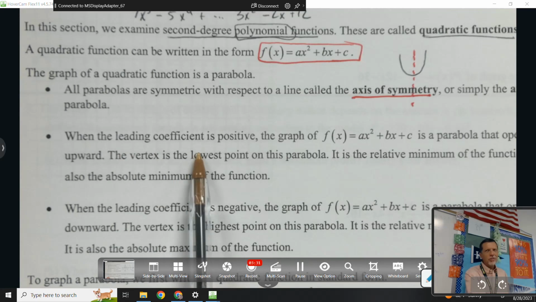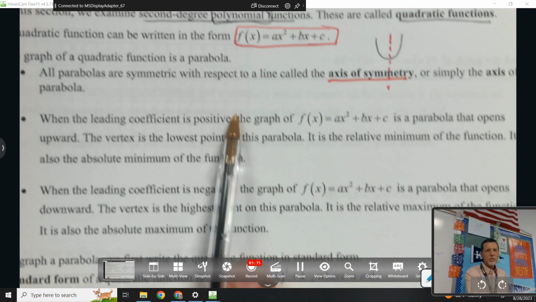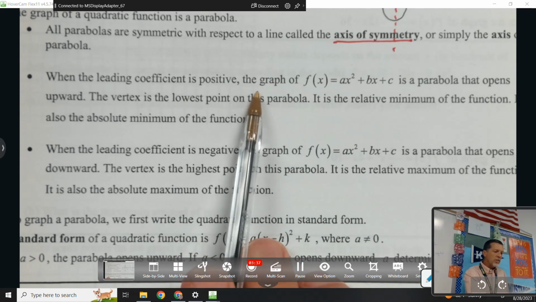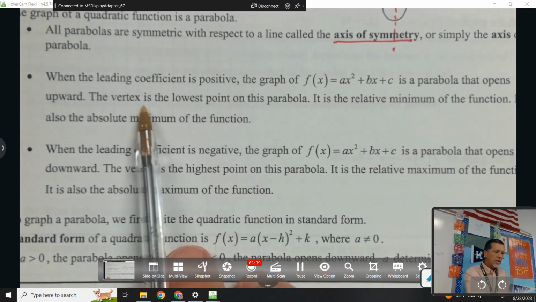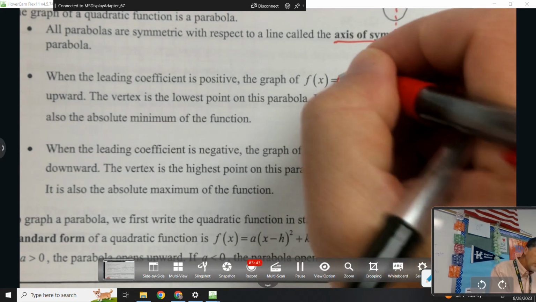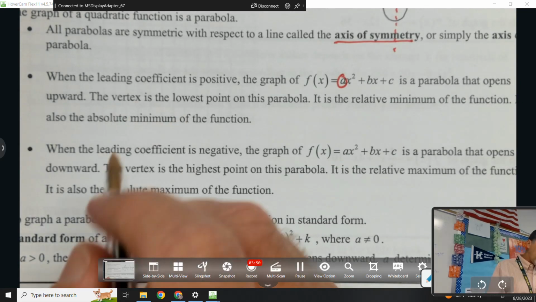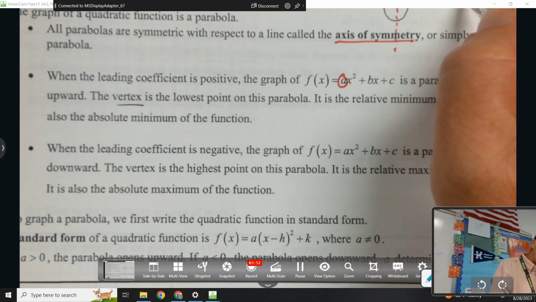Again, I'm kind of cruising through this because I think you know this, but if we hit something that sounds confusing, stop me. The lead coefficient determines whether it opens up or down, right? The a, if it's positive, it opens up. If it's negative, it goes down. The vertex, we should just label these things.